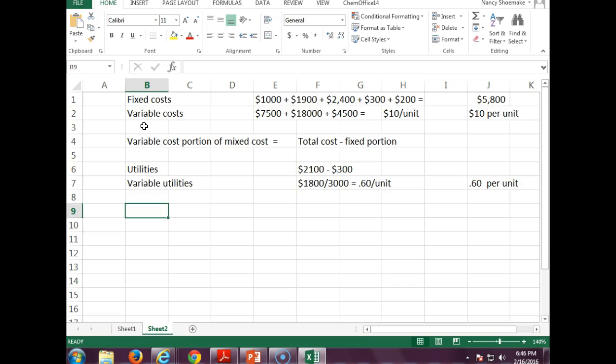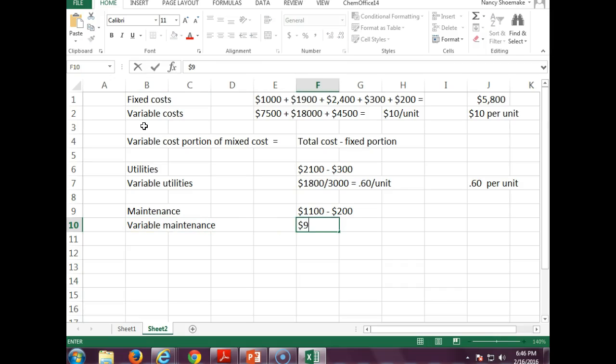Okay? So now our maintenance. The total cost is what? $1,100 minus the fixed portion of $200 means the variable cost is $900 divided by 3,000 units equals what? 30 cents per unit.